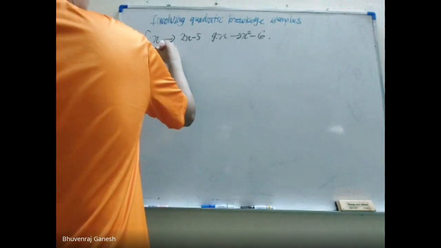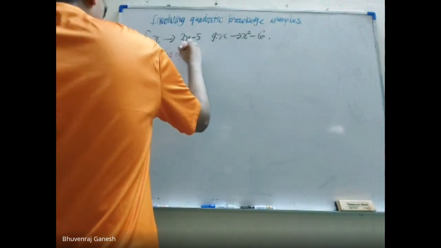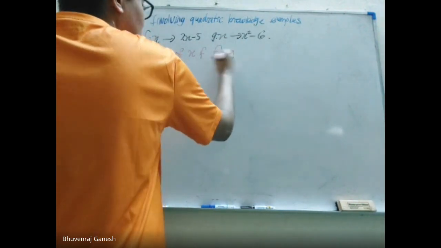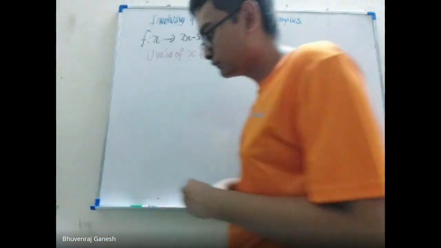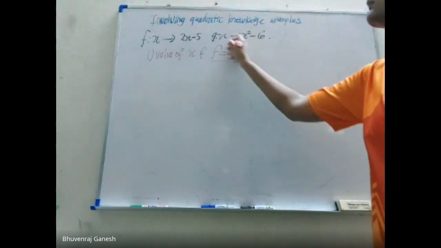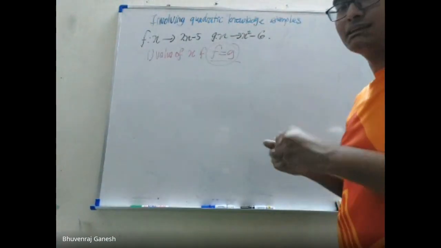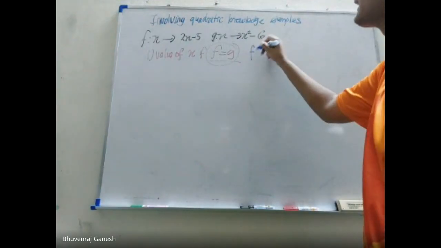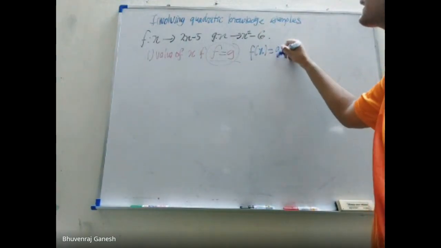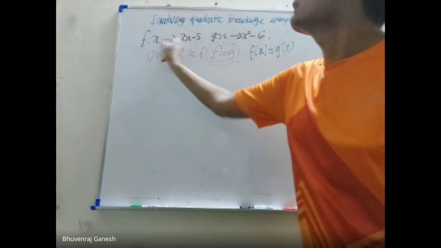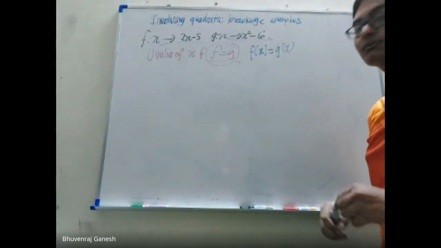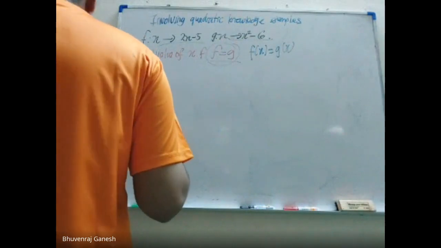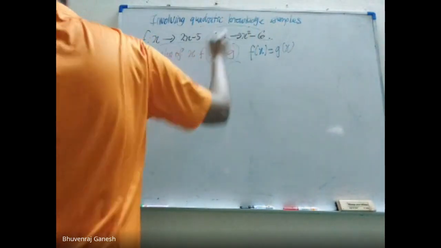Let's say they ask you find the value of x if f equals g. So they put a condition here, if f equals g. So what they're actually meaning is your function f(x) is equal to your function g(x), which already provided the info here. So it may look simple, but you still need to know your quadratic knowledge, your factorization.